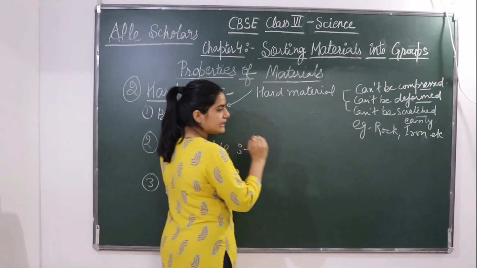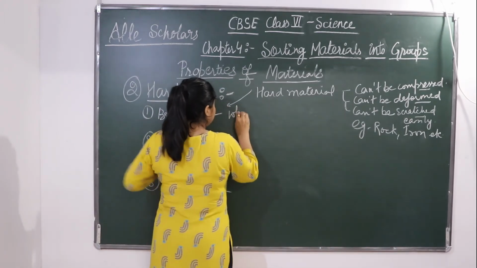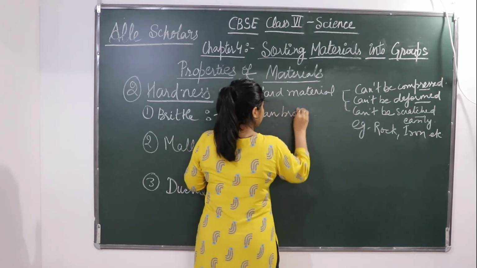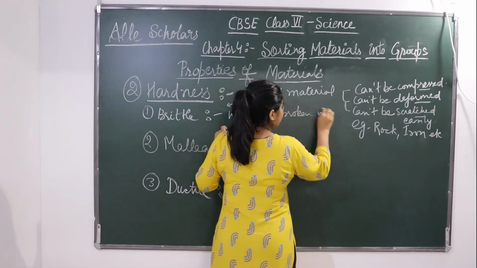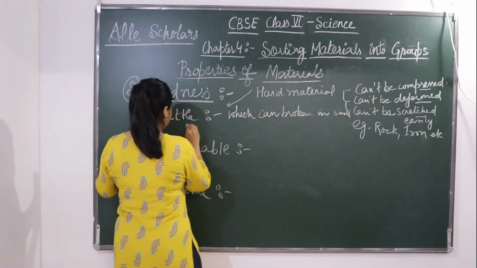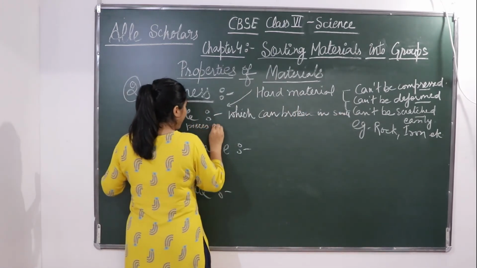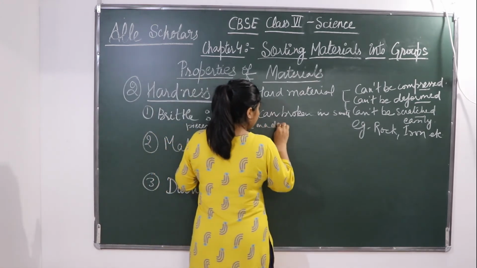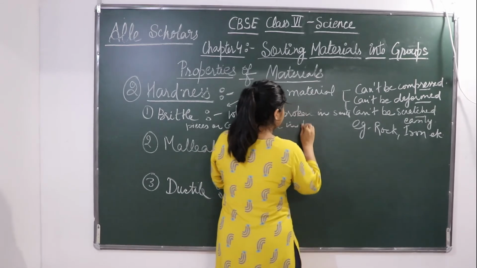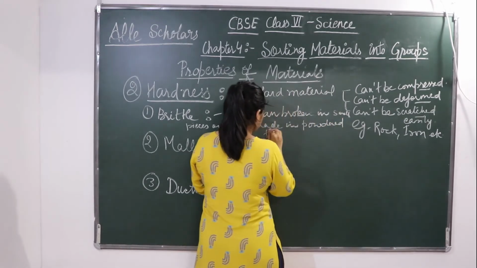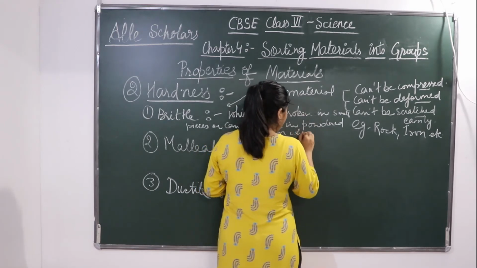So brittle is which can be broken into small pieces or can be made into powder form when hammered.